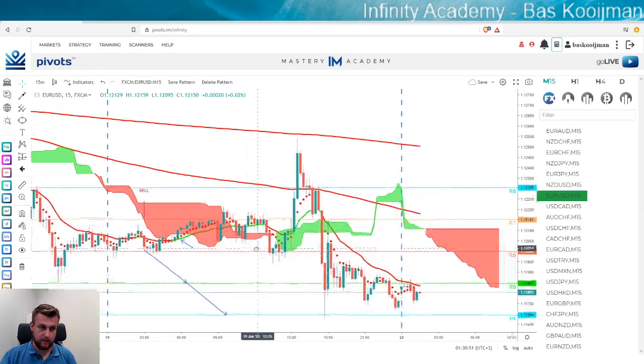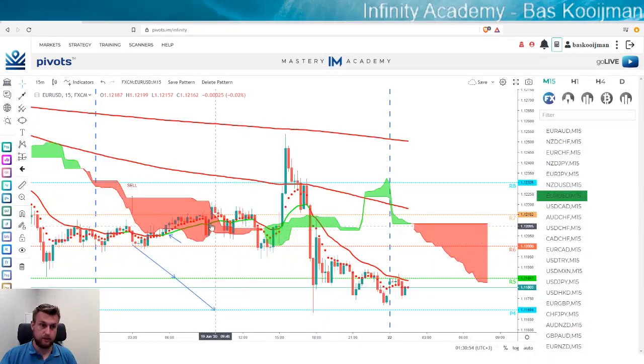Then the second exit, to exit earlier, is when the price comes sneaking on the other side of the Ichimoku cloud. This means that it entered the Ichimoku cloud, it came into the Ichimoku cloud. Here it's also very interesting, it's on the bottom of the Ichimoku cloud but doesn't dare to sneak out to the bottom.